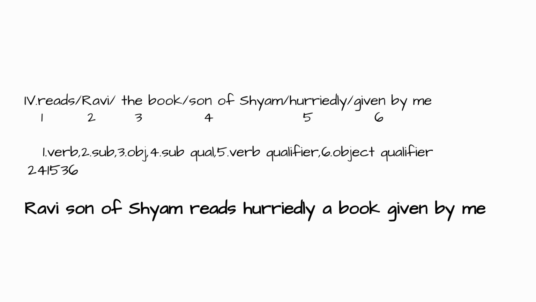Generally, if it is a noun, then it begins with a capital letter. So try to identify that as the subject. Now keep the subject first. If you identify the subject first, then you are 50% successful.